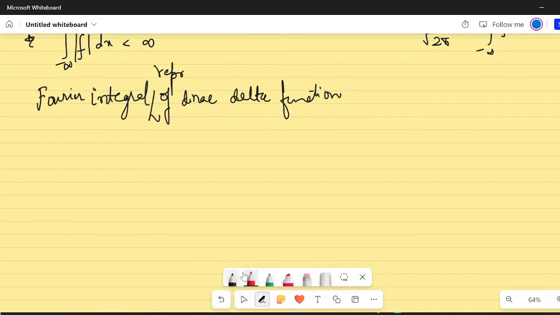So I wrote this on the very first day, on the previous day. The Dirac delta of x minus x dash is equal to the integral from minus infinity to plus infinity of 1 over 2 pi, as a constant here, times e to the power iota (x minus x dash) k, dk.